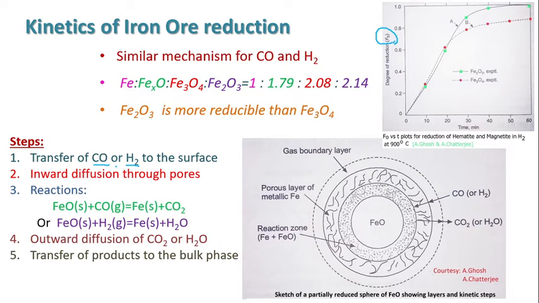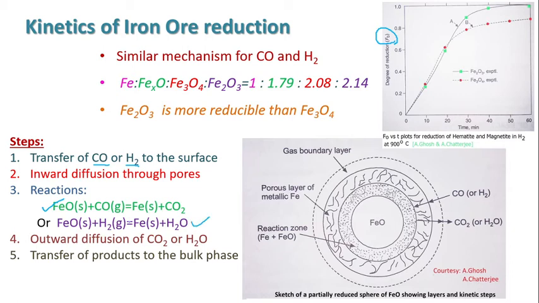Second step, inward diffusion of respective reactant gases through the pores of solid. That means the pores of the FeO. So we have assumed that the iron ore is porous in nature, so that it has some pores and the reducing gas, that may be CO or H2, will diffuse into it. Third one, chemical reaction. That means in case of carbothermal reduction, that will be FeO plus CO gives rise to Fe plus CO2, or in case of hydrogen, FeO reacts with hydrogen to form steam.